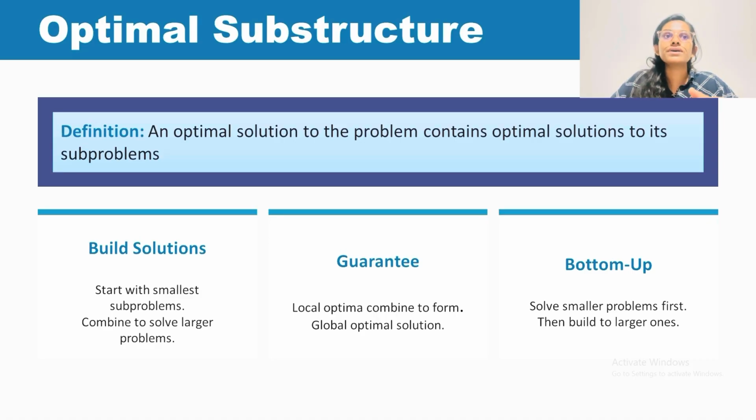We start by solving the smallest subproblems optimally, then combine these optimal solutions to solve larger problems. Because of optimal substructure, when we reach our original large problem, we are guaranteed to have found the optimal solution. This is fundamentally different from greedy algorithms. With optimal substructure and dynamic programming, we get the mathematical guarantee of optimality.